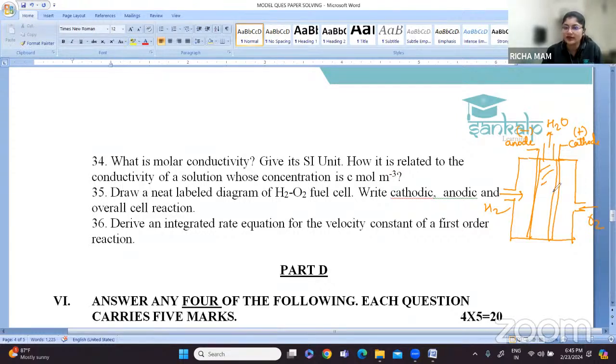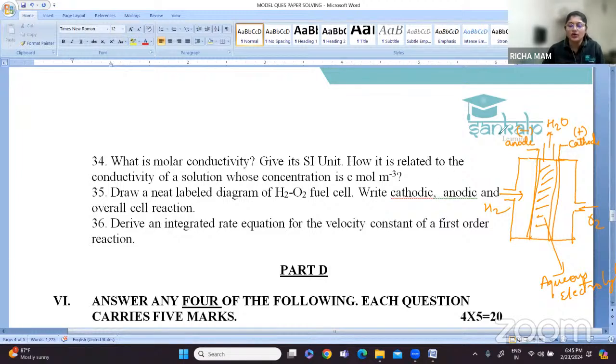And what is filled here? Here will be your aqueous electrolyte. So all these things should be written. You have to label it, so it should be a neat labeled diagram. These things should be maintained.